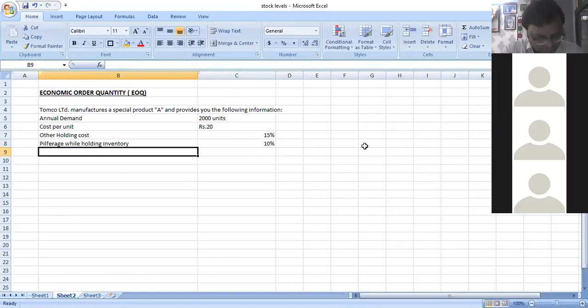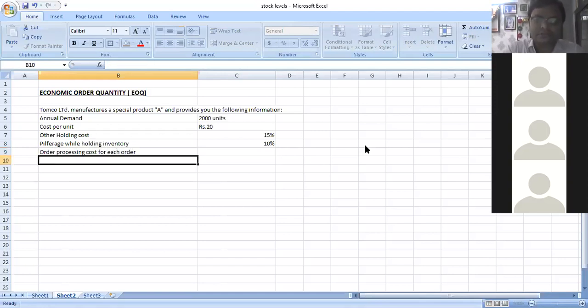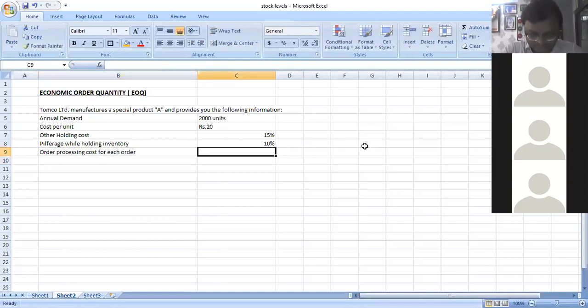Then order processing cost for each order, that is rupees 25. Okay.